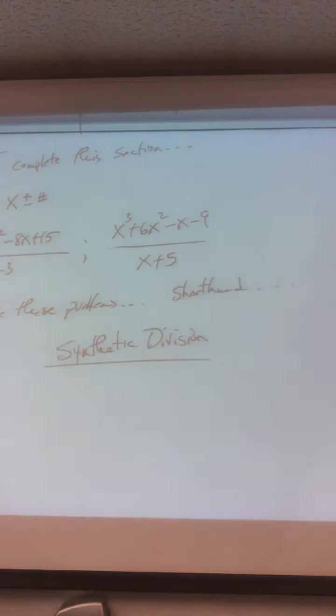Now, before I do that, I need to remind you about a couple of things about dividing in general that you've probably forgotten, that you haven't seen these words in a while. So let me just show you something right here. You don't have to write this down if you don't want to.